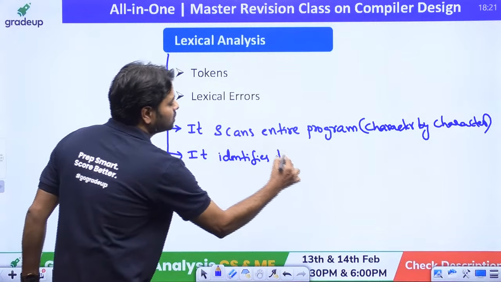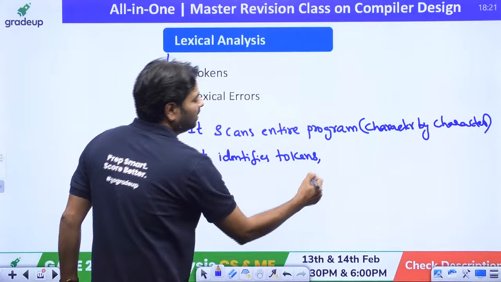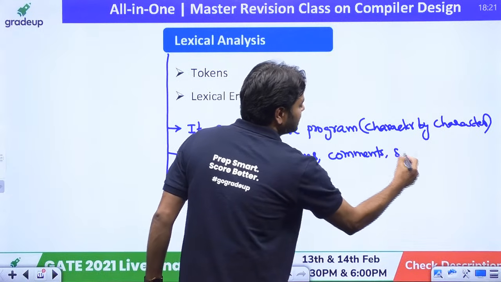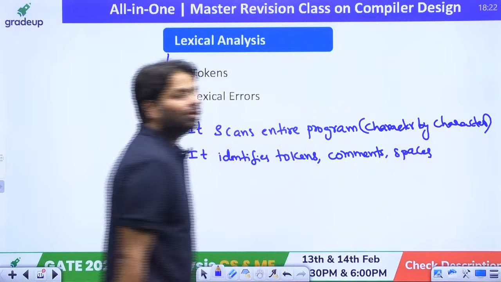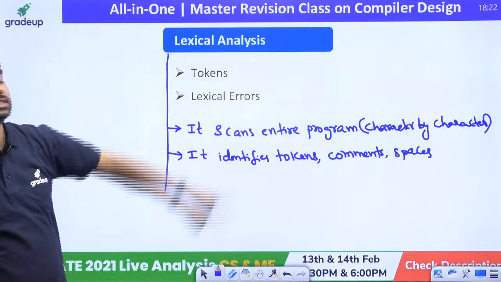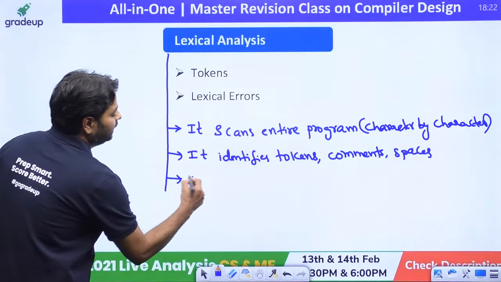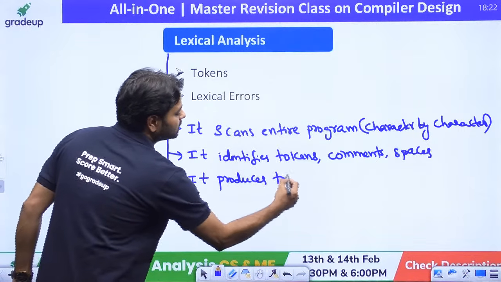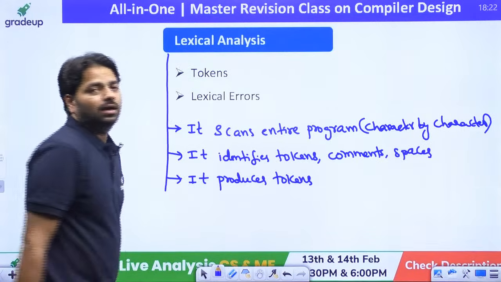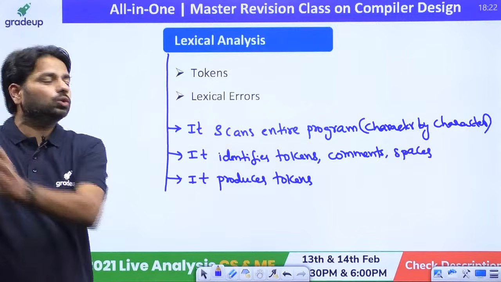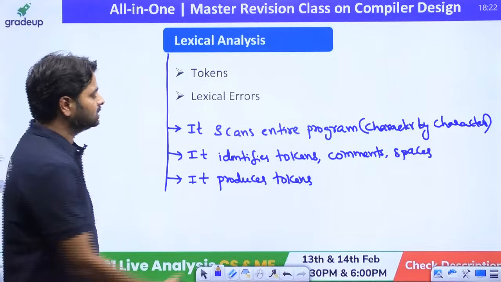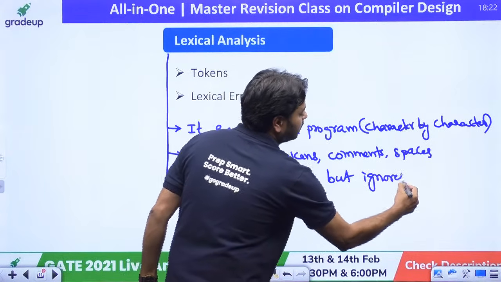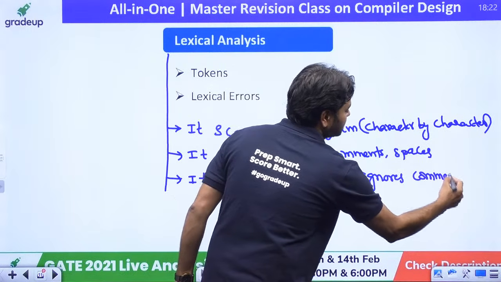It identifies tokens and comments, spaces. All of them are identified by the lexical analysis, but it produces only one thing. What are they? Tokens, where the characters are grouped into tokens. Everybody knows that. It produces the tokens but ignores the comments and white spaces.